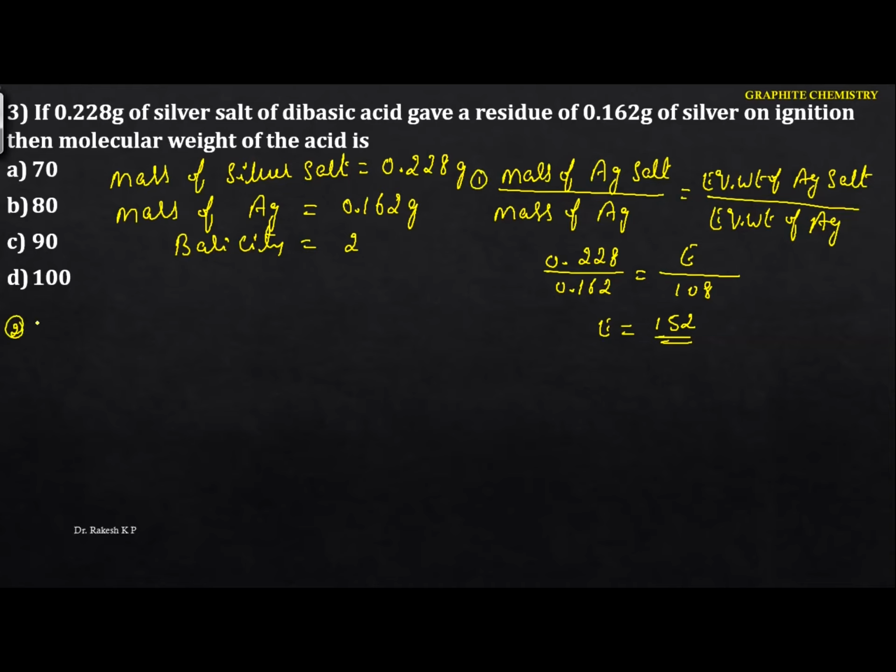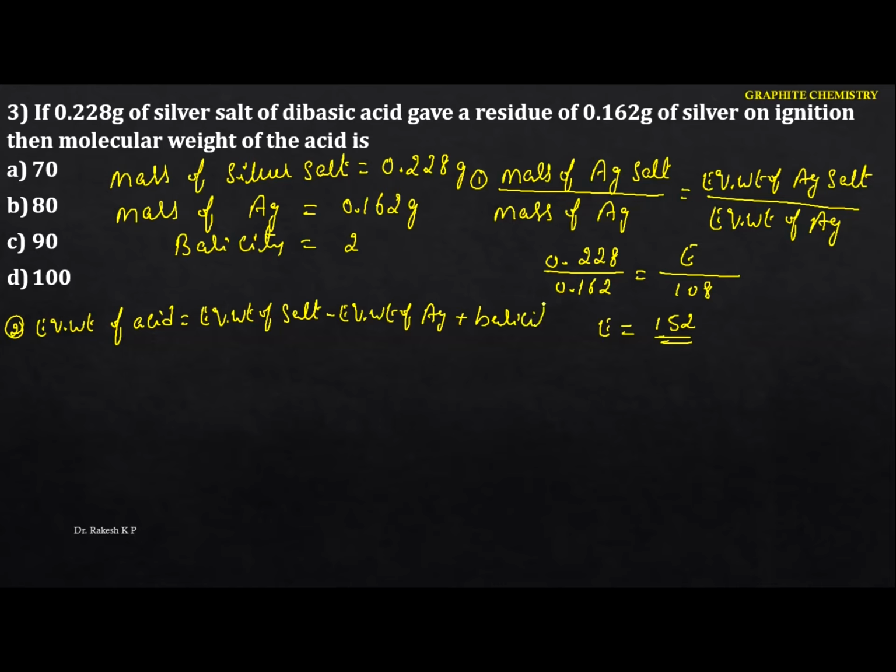Now I am going to calculate the equivalent weight of an acid, which is equal to the equivalent weight of the salt minus the equivalent weight of silver, sorry, this is plus the basicity.